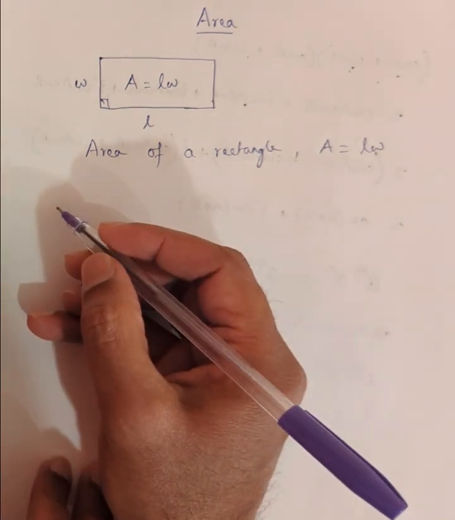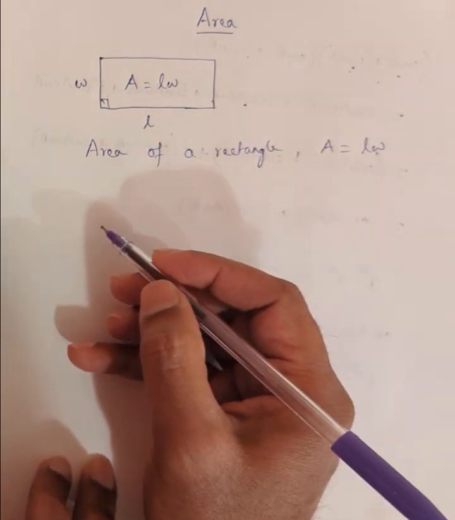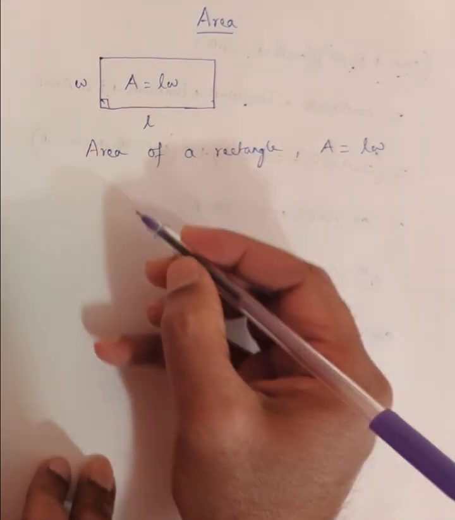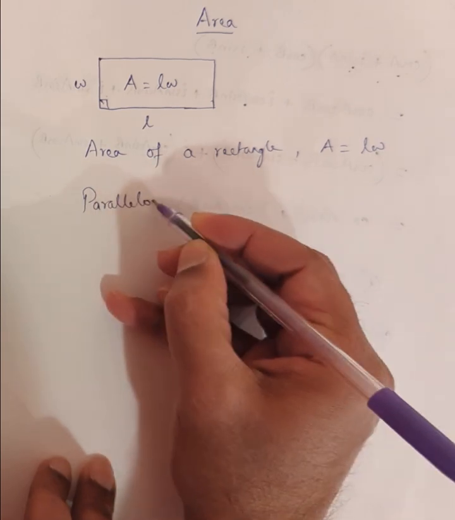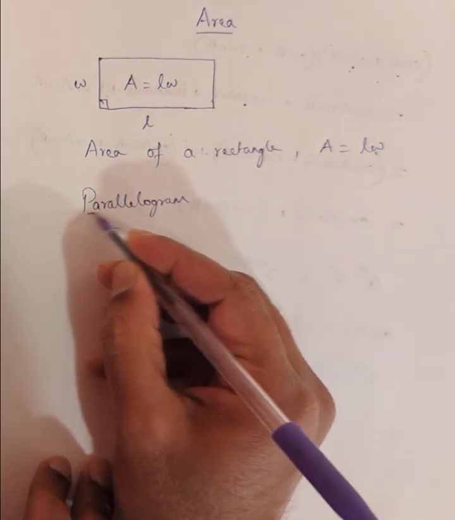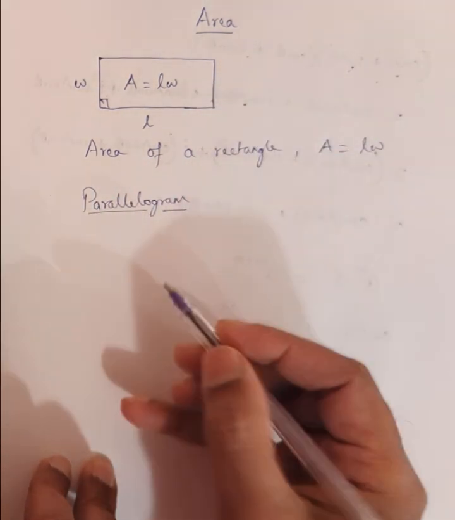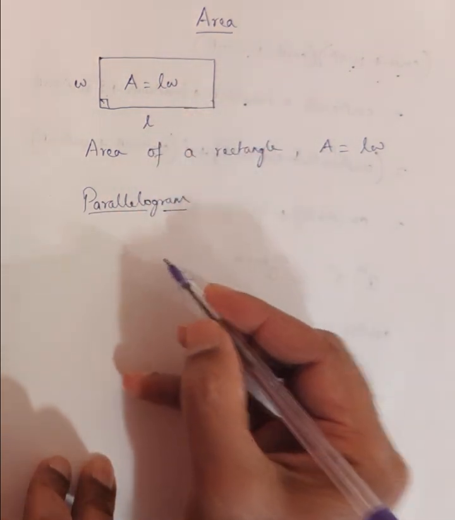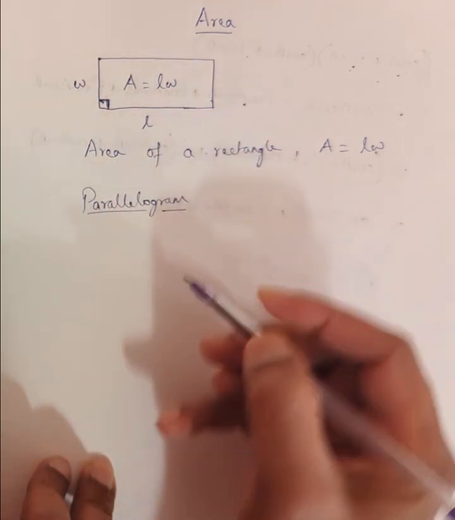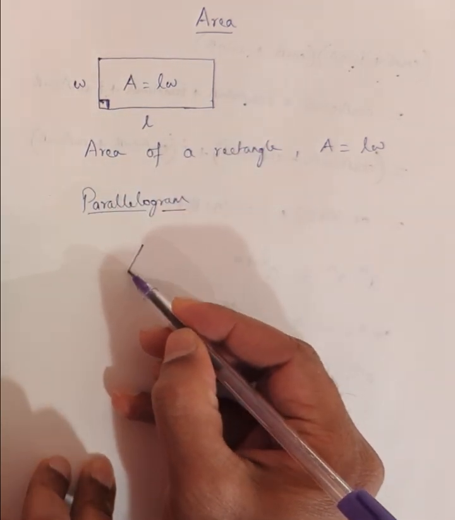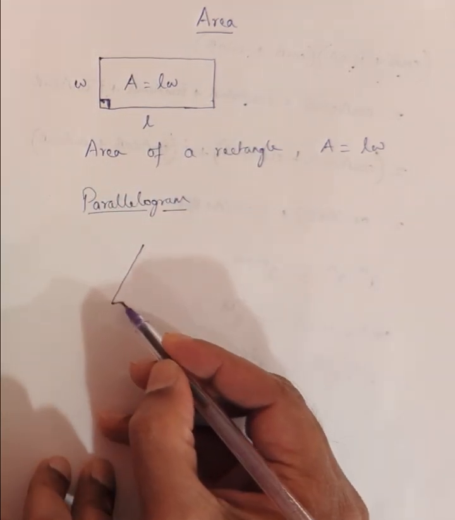And now we try to find area of maybe a parallelogram. So what is a parallelogram? A parallelogram is somewhat similar to this rectangle, except that you need not have a right angle over there. So it might be slanted.